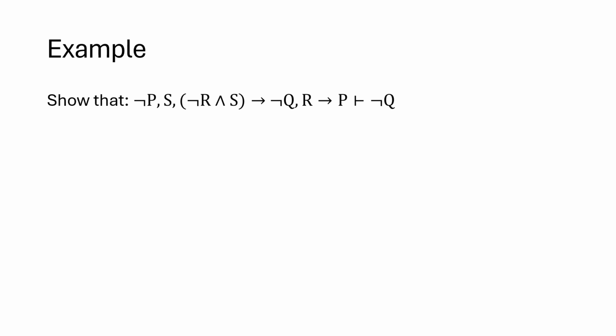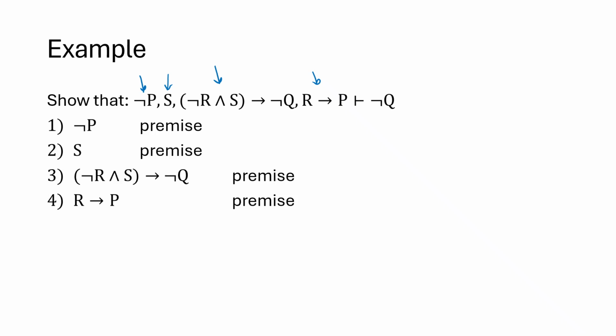And finally, our last example. It's a little bit more complex, this one. We have hypothesis number 1, hypothesis number 2, 3, and 4. And from these 4, we want to see if we are able to infer not Q. So let's list our premises first. We have 4 of them.